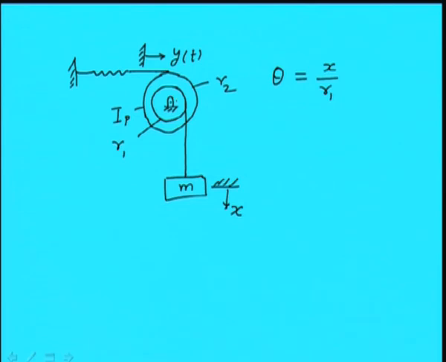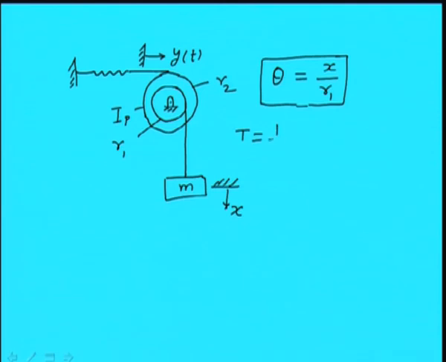So you can see that theta and x, now we have a relation, they are not independent variables. This x and the rotation of the disc are not independent, they are related with this expression with the radius of this.